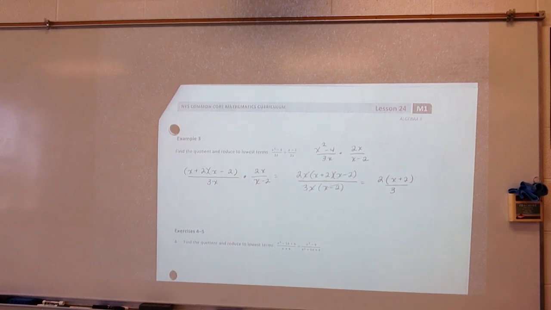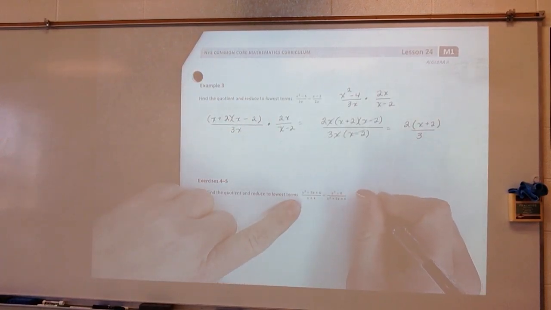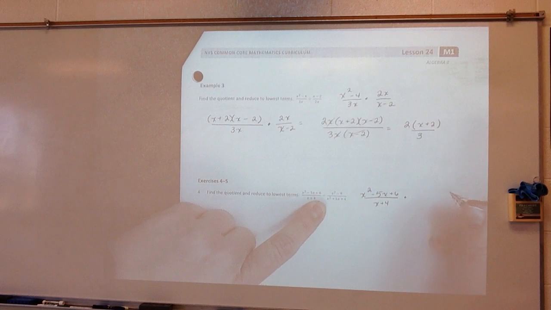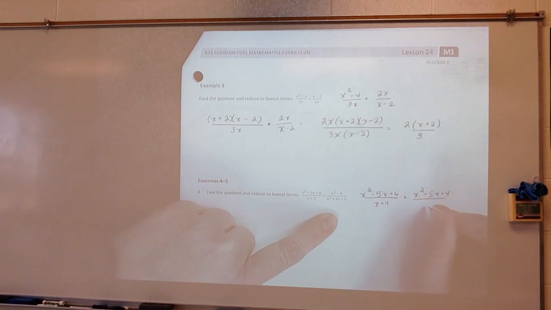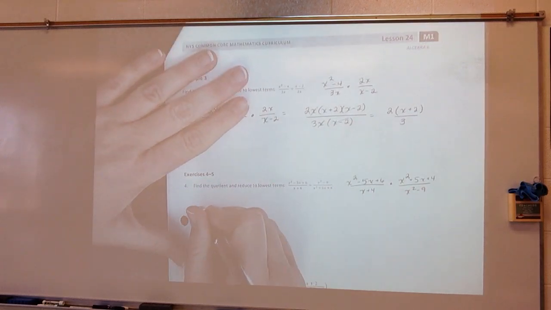All right, let's look at exercise number 4. Once again, quotient. So x squared minus 5x plus 6 over x plus 4. I'm going to change that to times, and then I'm going to flip it. x squared plus 5x plus 4 over x squared minus 9. Let's work it out.